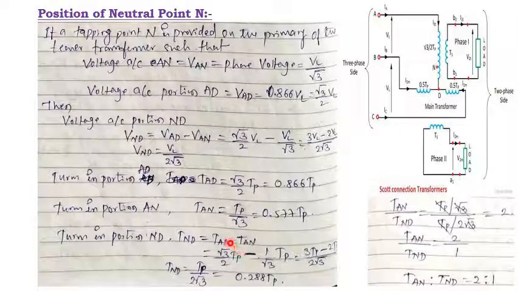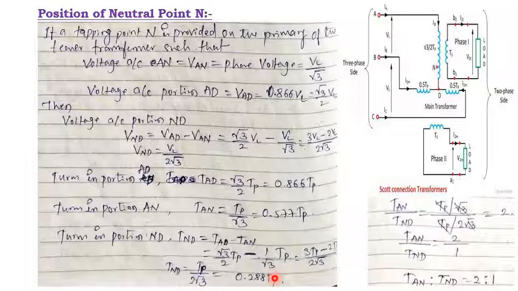TAD is 0.866 TP, or root 3 by 2 TP, minus TAN, which is 1 by root 3 times TP. Just subtract these two, then you will get TND. TND magnitude is TP divided by 2 root 3. It is again the same as the voltage across ND, which equals 0.288 TP.